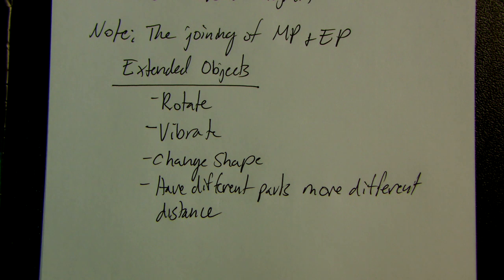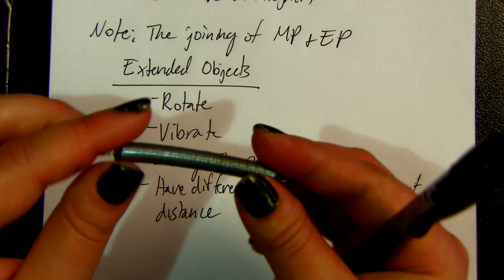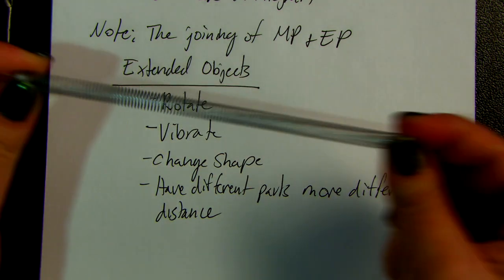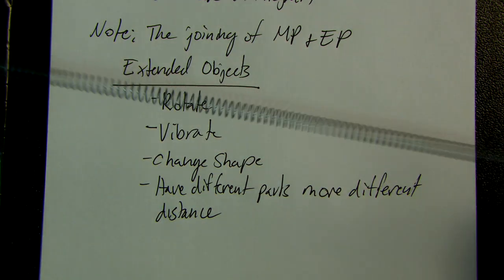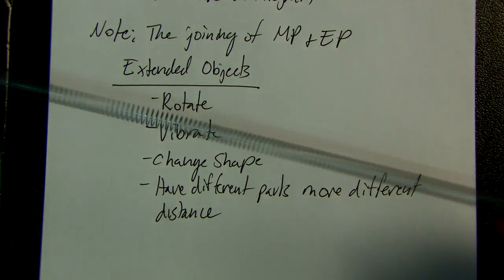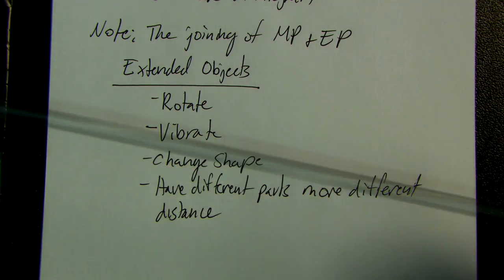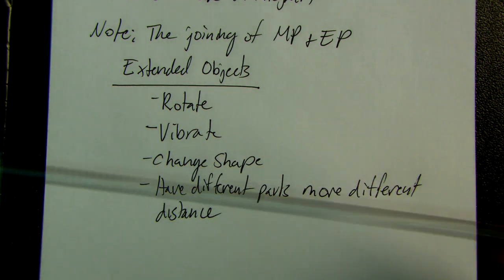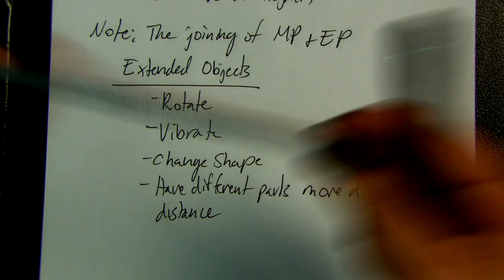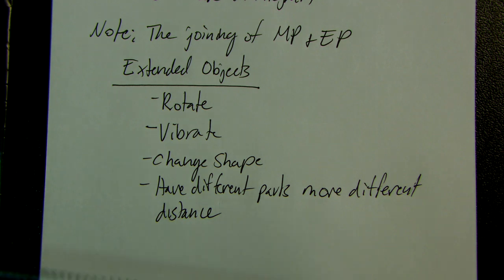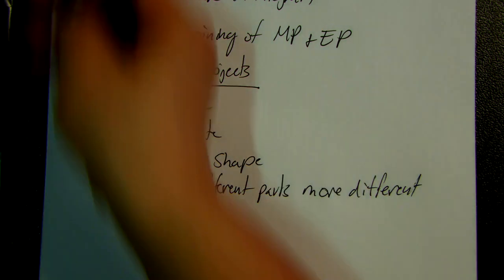Okay, so for example, if you want to look at the spring and you want to take into account the stretch, you need the extended model. If you model it as a point particle, all that's going to happen is the center of mass might be moving around, and that's all you can do. You can't take into account all this stretching.